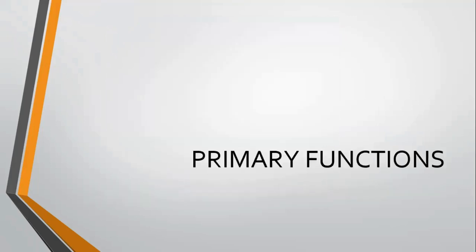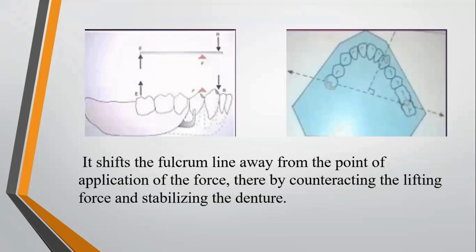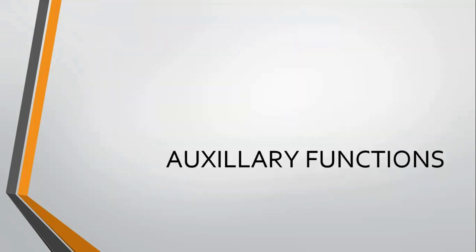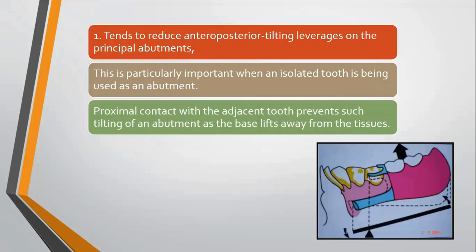Let's see the primary functions of the indirect retainer. It shifts the fulcrum line away from the point of application of the force, thereby counteracting the lifting forces and stabilizing the denture.